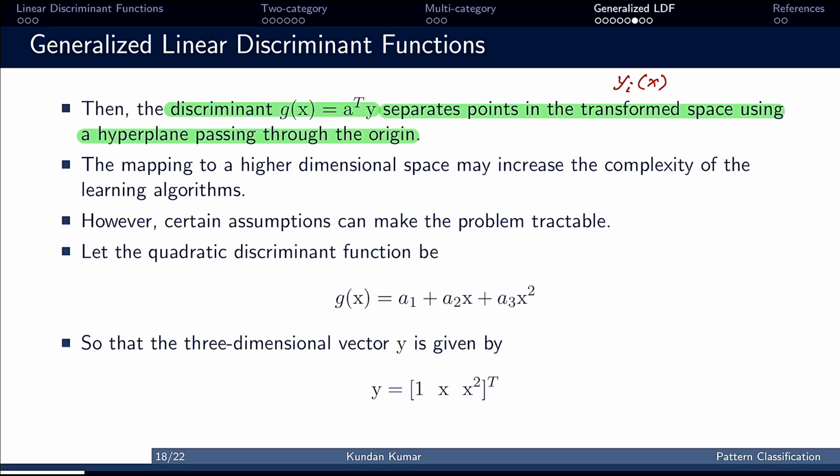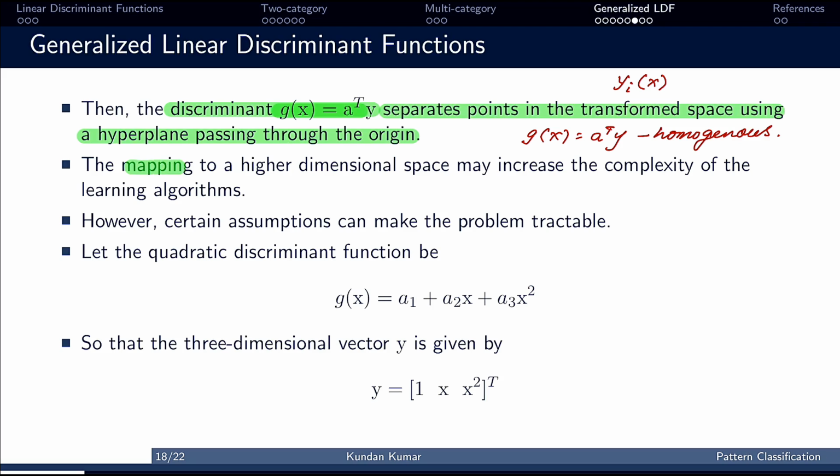And in that transformed space the hyperplane will pass through the origin, because g(x) equals a transpose y is a homogeneous form, and a homogeneous form means it will pass through the origin.